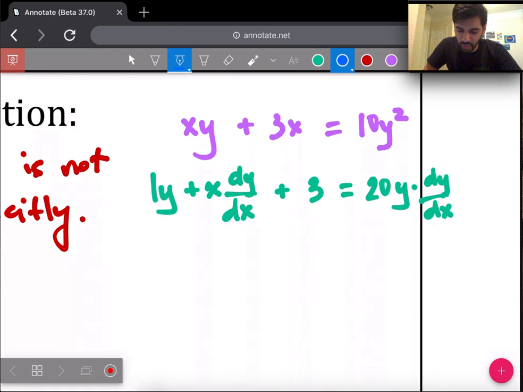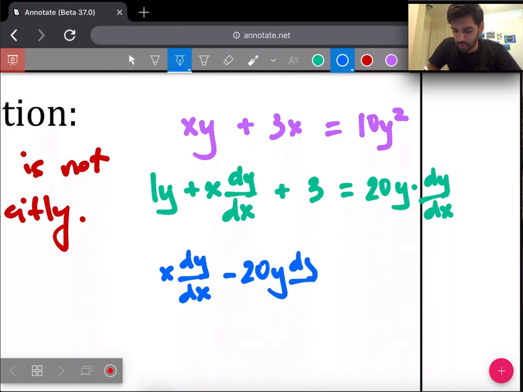I'm going to leave x dy dx over here, and I'm going to subtract 20y dy dx, so it ends up over here. So minus 20y dy dx. And now I'm going to move 1y and 3 to this side over here by subtracting them. So minus 1y minus 3.